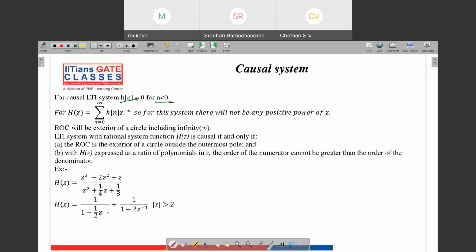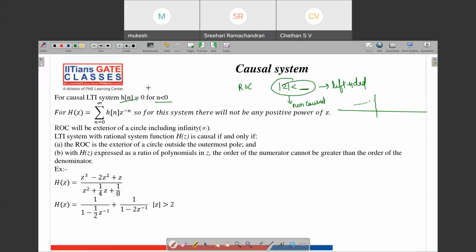If the ROC is of the form mod of z less than some number, then the signal will be left-sided. Once the signal is left-sided, when you plot it, you get the signal for negative values of time also. That means this system will definitely be non-causal. So whenever the ROC is in this form, the system is always non-causal.